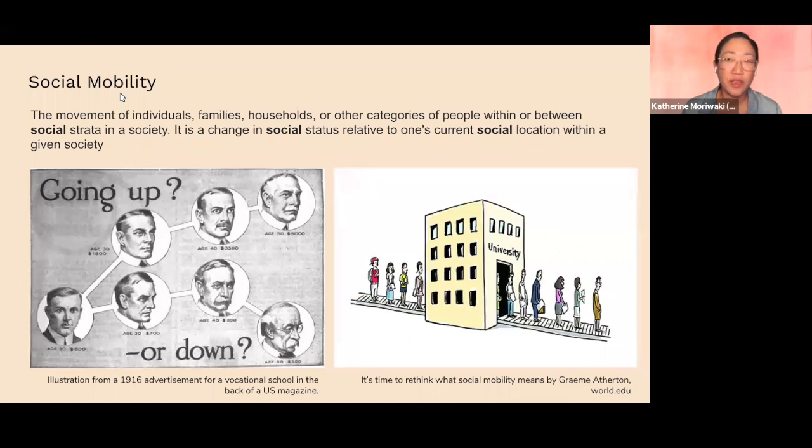There is this belief within the United States that this is something that's possible for everybody, and yet social mobility is really heavily constrained by race, gender, and an assumption basically of able-bodiedness.